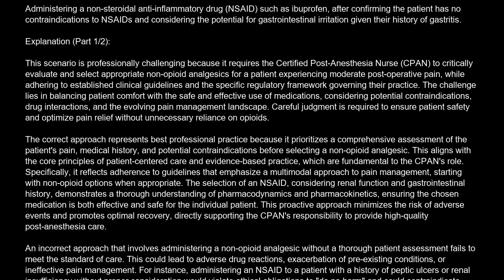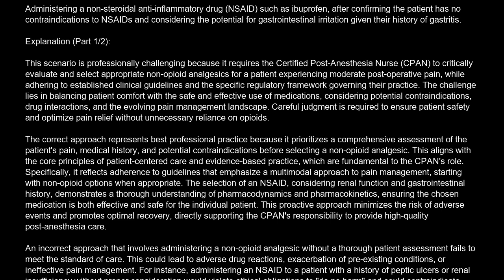The challenge lies in balancing patient comfort with the safe and effective use of medications, considering potential contraindications, drug interactions, and the evolving pain management landscape. Careful judgment is required to ensure patient safety and optimize pain relief without unnecessary reliance on opioids.